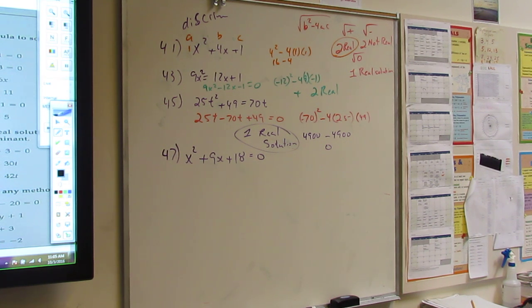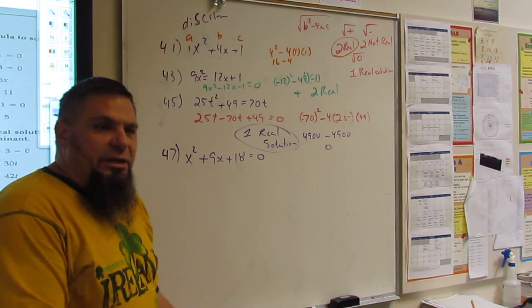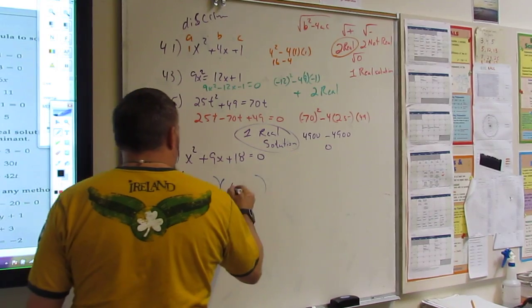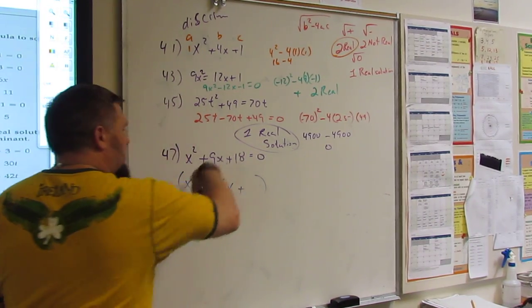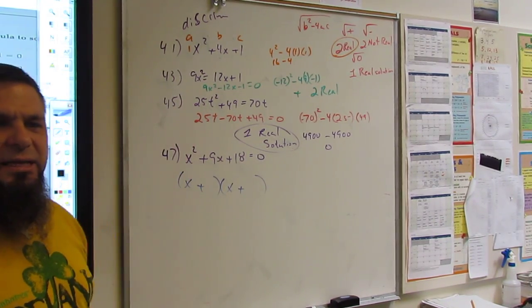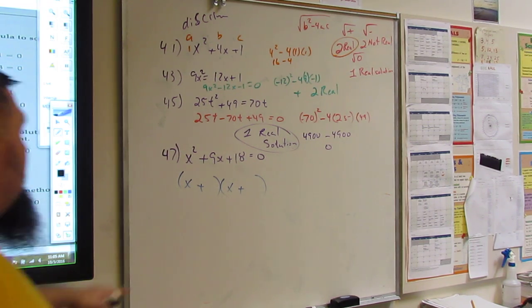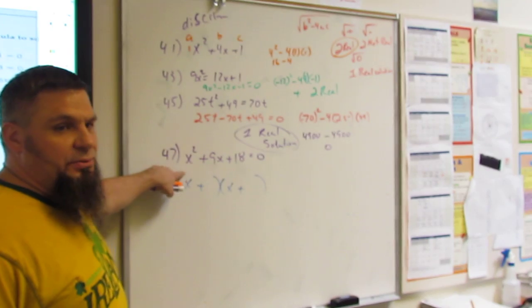Next, 47. We just need to figure out how to solve it. So what do you want to do? Do you want to factor it? If it's easy, we can go x plus, and then what two numbers multiply to be 18 and add to be 9? Why don't you just plug it into the formula? Well, yeah, we will if we can't factor it. This one we're solving.